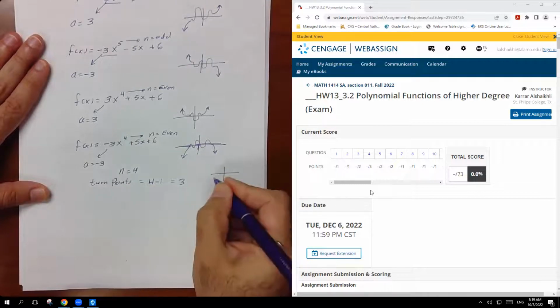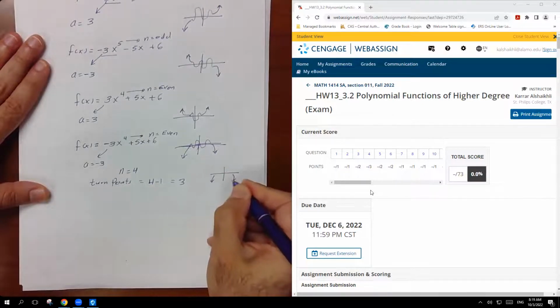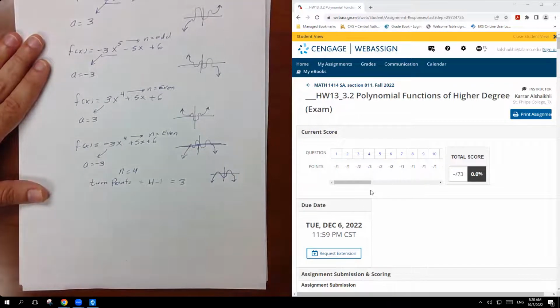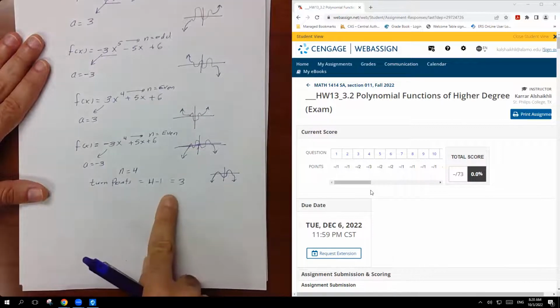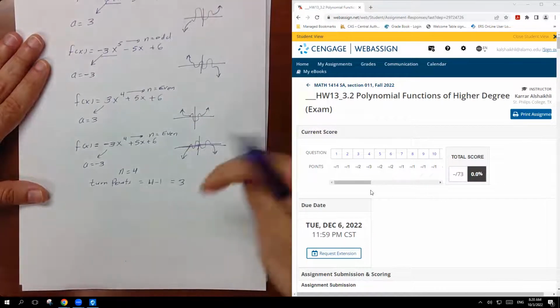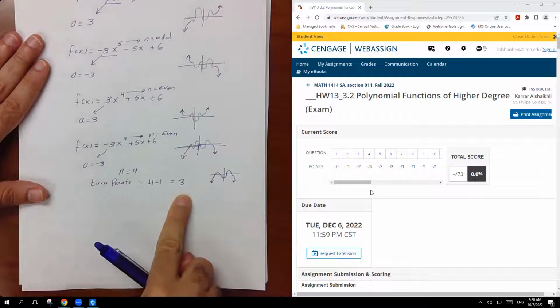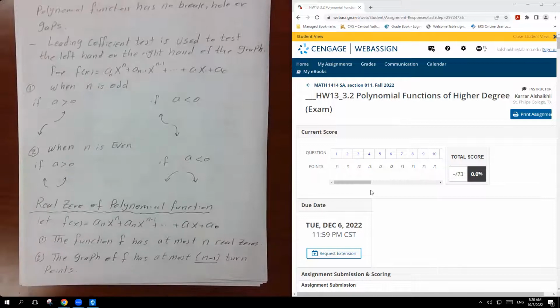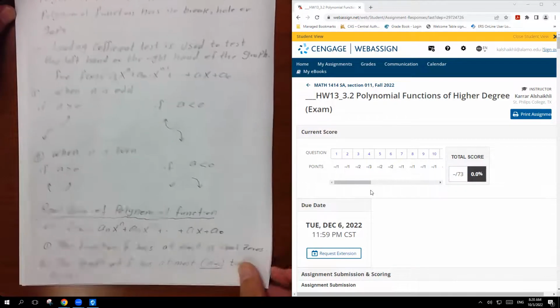The graph has this side down and this side down, and we have 1, 2, 3 turning points. It may look like this. I'll keep in mind that I have 3 turning points, meaning the graph turns 3 times. This is just an example about turning points. Let's go to the next page.